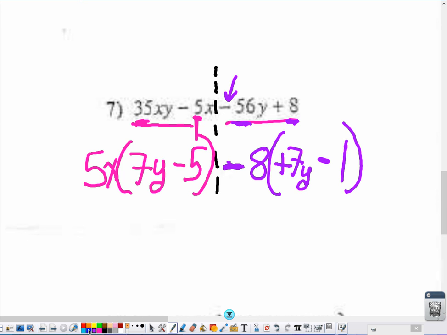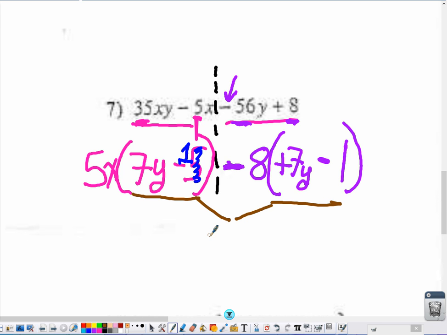And for those of you that already caught this, I made a mistake over here on the left. That should have been a 1. So, if there's a minus sign in the middle, you must factor out a minus, which switches both of the signs. From there, we do the exact same thing.